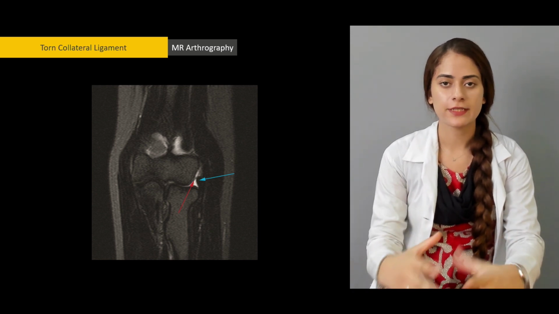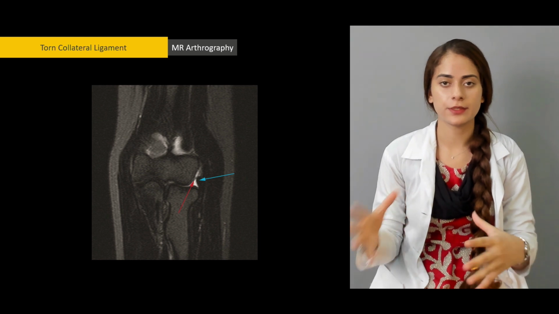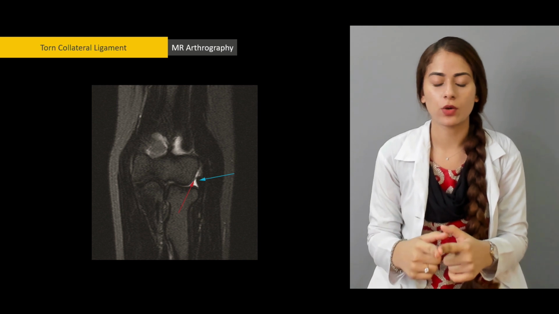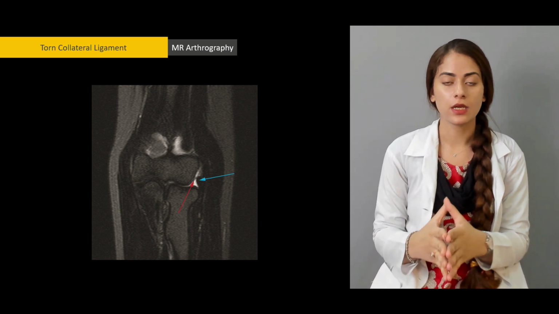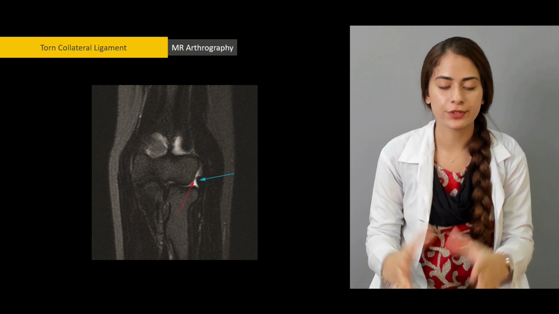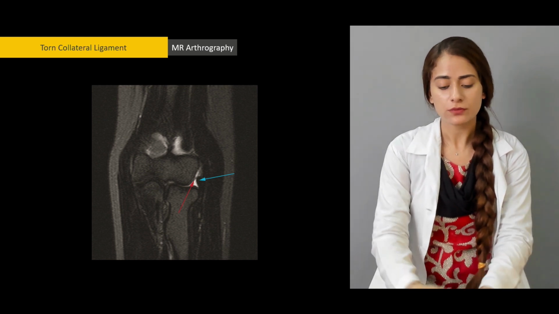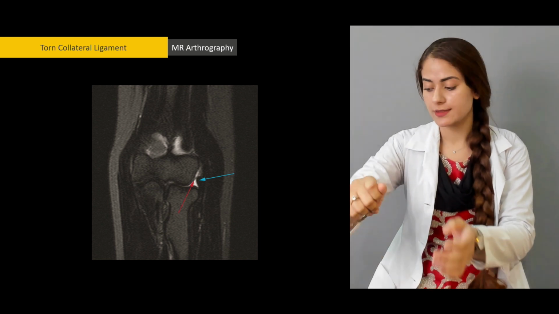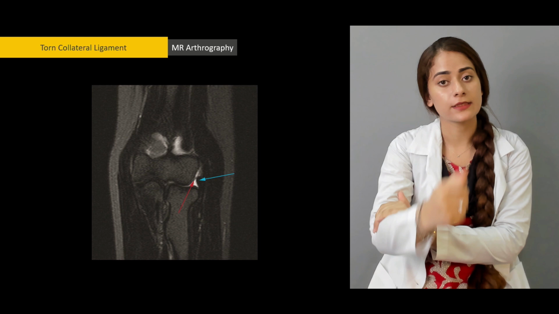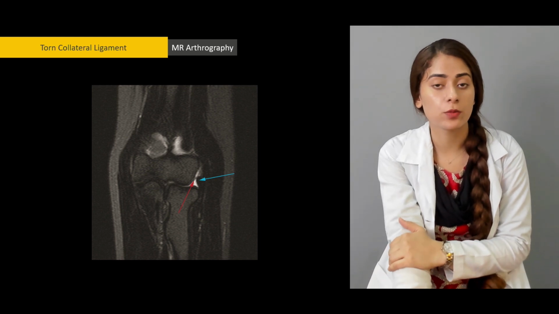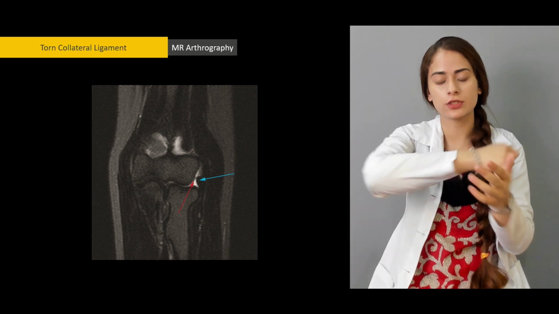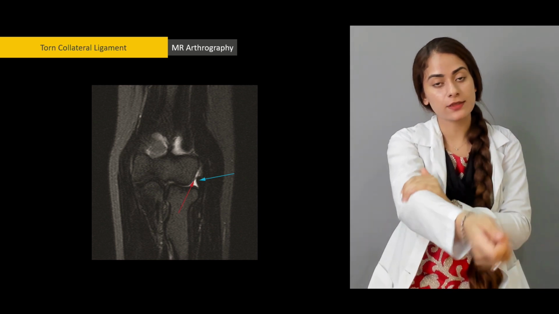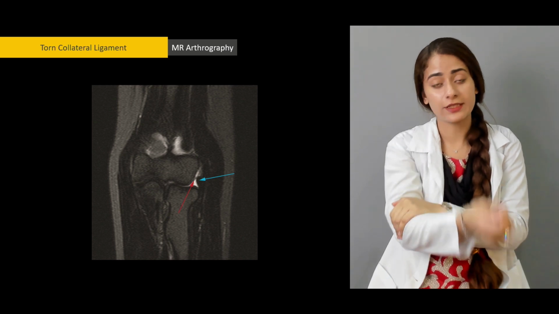So after this entire talk on the history and everything that is required for a proper diagnosis, let's also talk a little bit about tennis and golfer's elbow, because it's an important topic. What happens in tennis elbow is that there is excessive load on the lateral aspect of the elbow while playing tennis. When you're hitting the shot and the ball hits the racket, the stress is going to be on the lateral aspect.